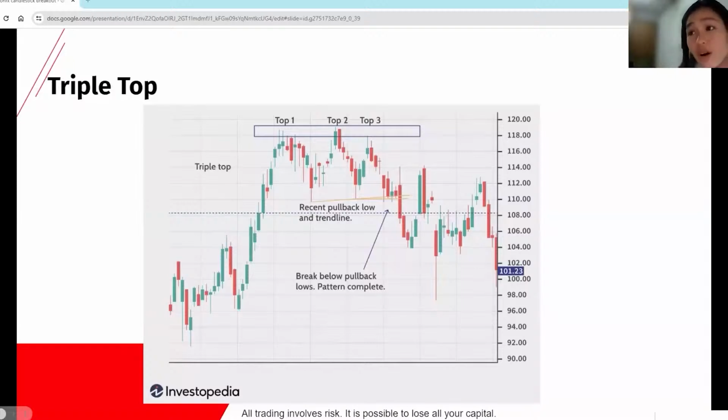So as the price falls, which we see here, recent pullback, low, and the trend line, when it falls, it then puts pressure on all the traders who bought during this pattern to then start selling. So if the price can't rise above that resistance, then there is limited profit potential in holding onto it, obviously.